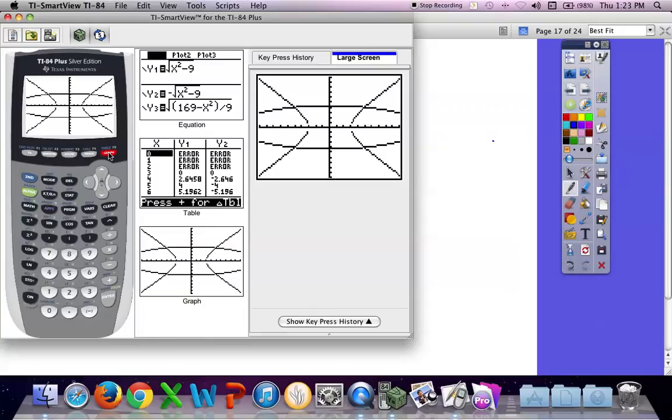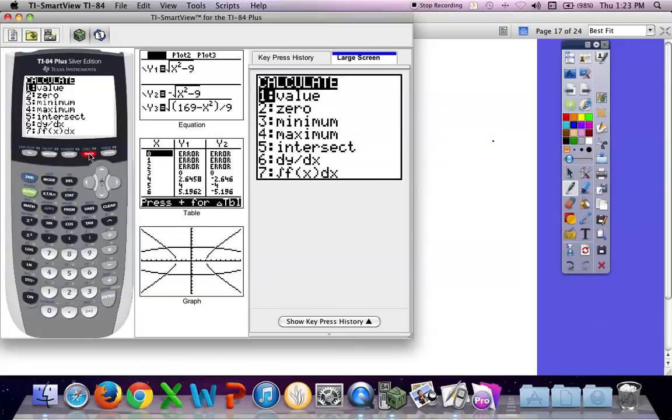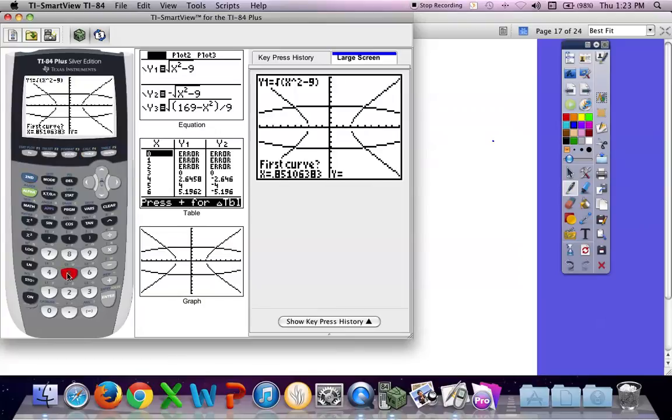I will say I'm having trouble with this calculator emulator right now. Normally you would go to second trace and hit 5 for intersect, and it should highlight one curve and then the other. In this case, the cursor looks like it's at 0.85 and y. It's not actually on a curve, and I'm having trouble making it get there.